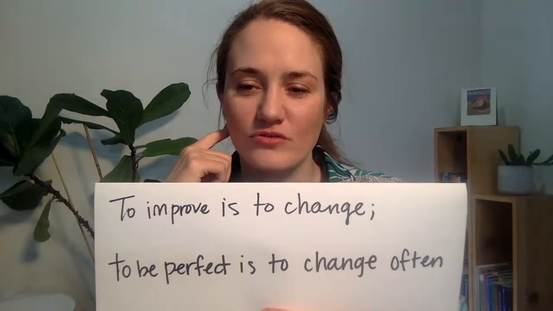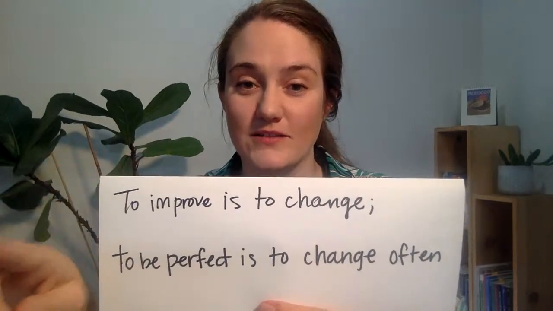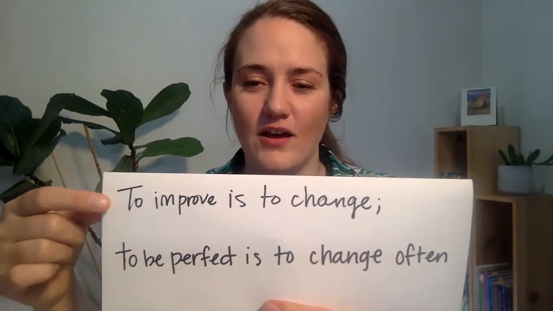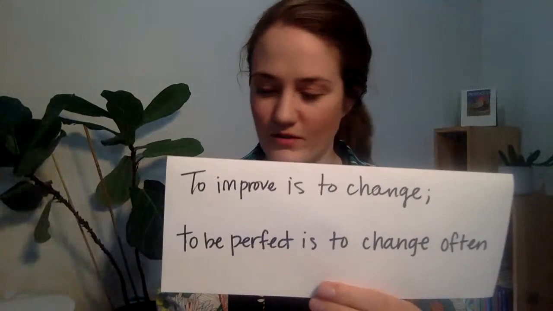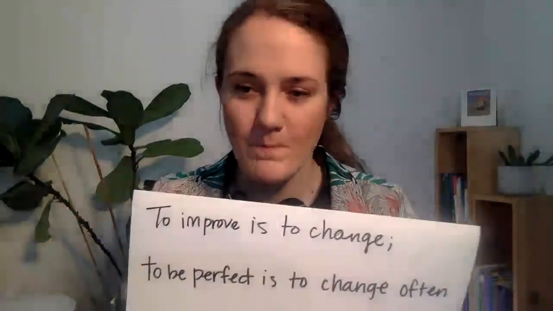Improve, change. We're going to do this one. I'll come back to your answers for that one. So we have some votes, and I agree with them. I agree. Let me give you my answers.